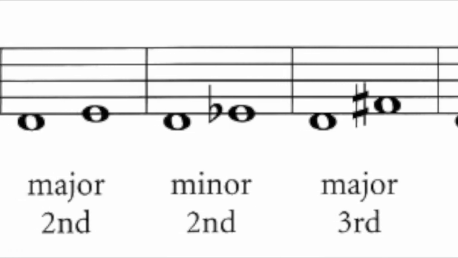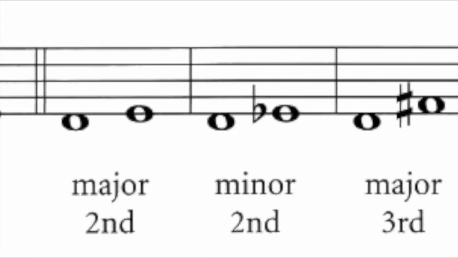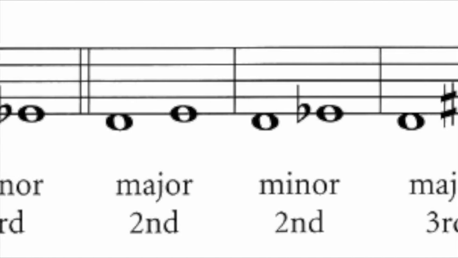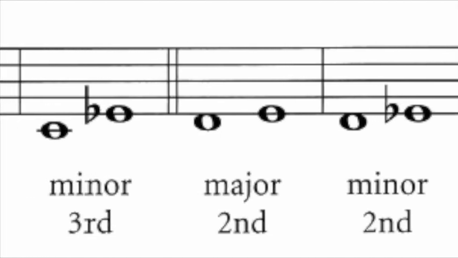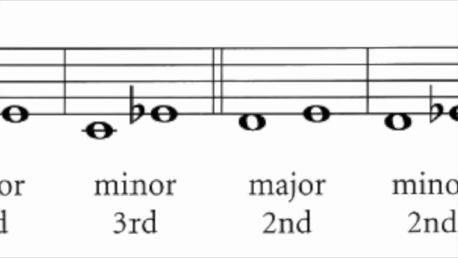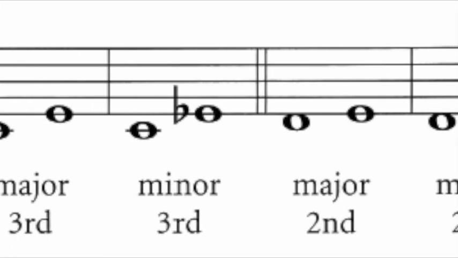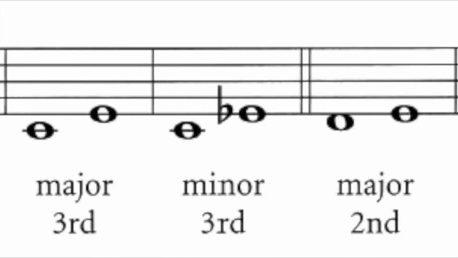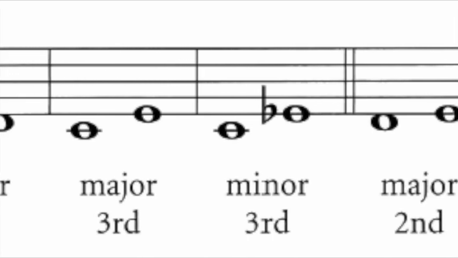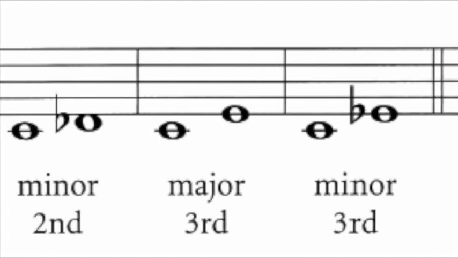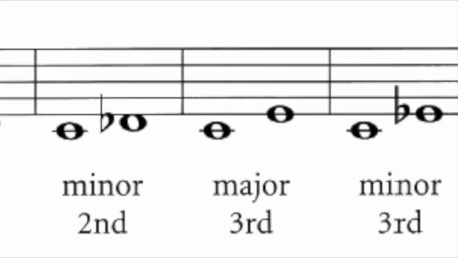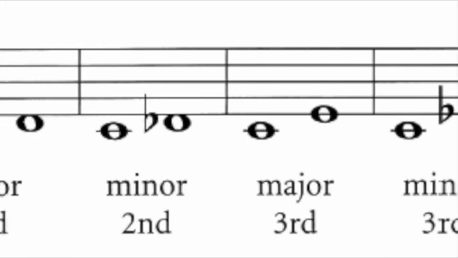Our next major third, if we make that a little bit smaller with an E flat, it becomes a minor third. Our major second gets flattened again from D to E flat, that's a minor second. And same from D to F sharp, and lowering that down to F natural makes that a minor third as well.